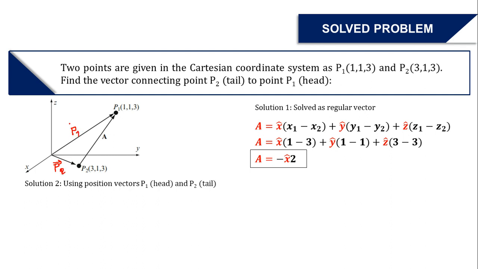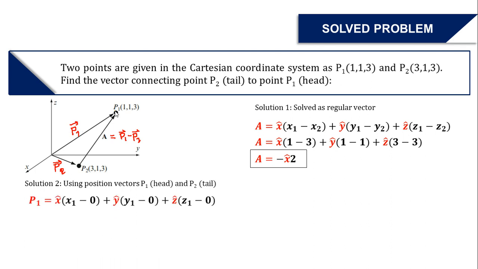Then ito rin, position vector na yan. And then, yung ating vector A is equal to position vector ng head, which is yung 1, minus the position vector ng 2. Okay? So, ganyan daw siya. So, yan yung approach natin. Kailangan kunin muna natin yung position vectors per point.